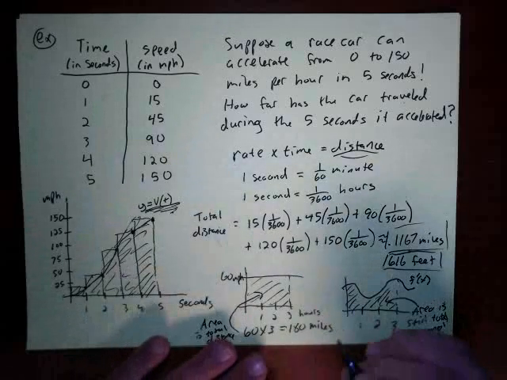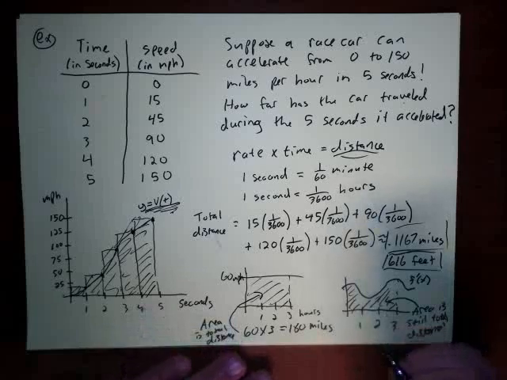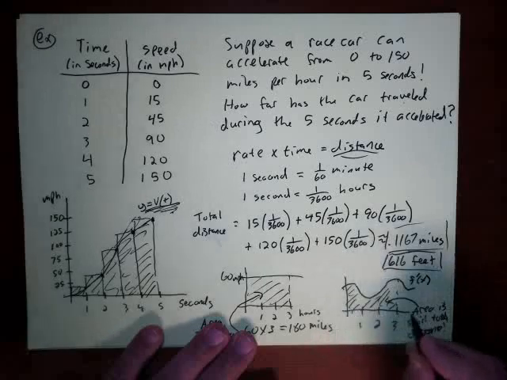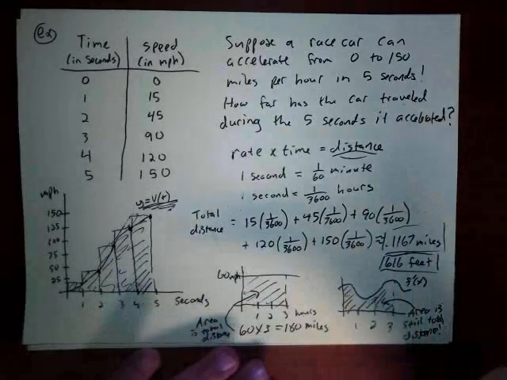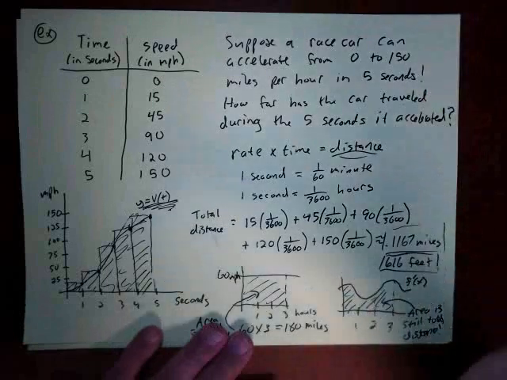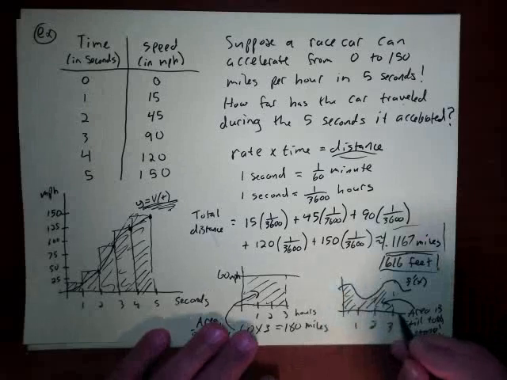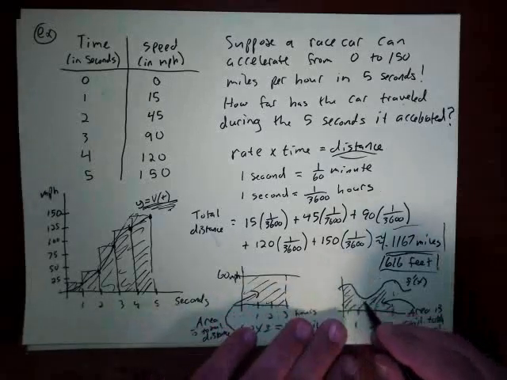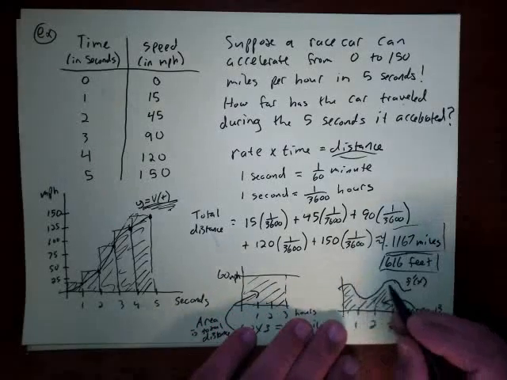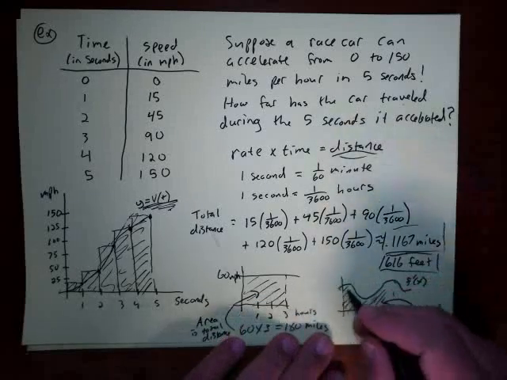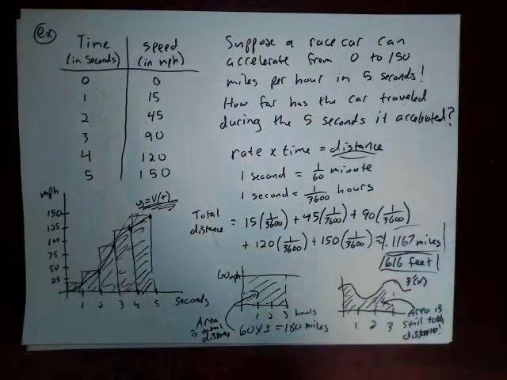If this axis represents distance, so let's say you're pushing an object a certain distance, and this represents the amount of force being used as you push it along, then the area under the curve is equal to the work being done.